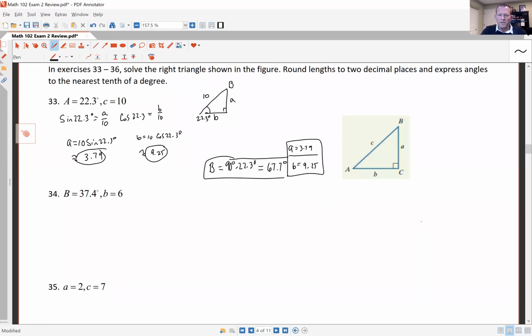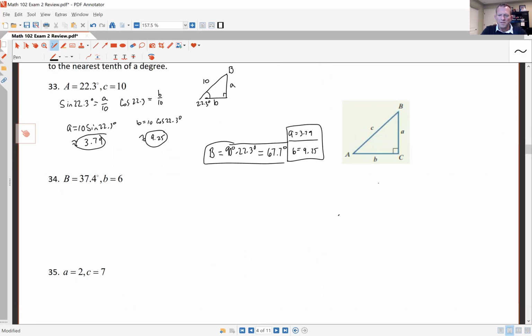In the next one, now B is 37.4. Little b is 6.